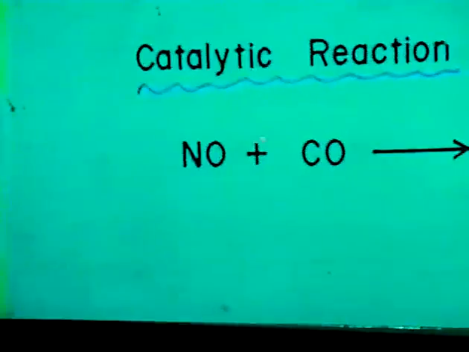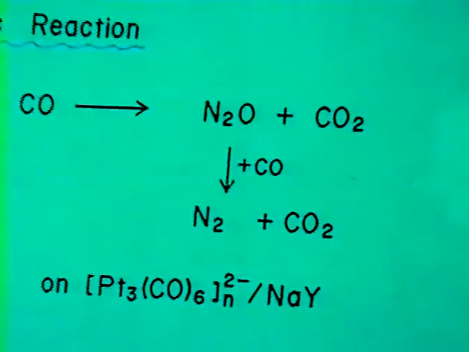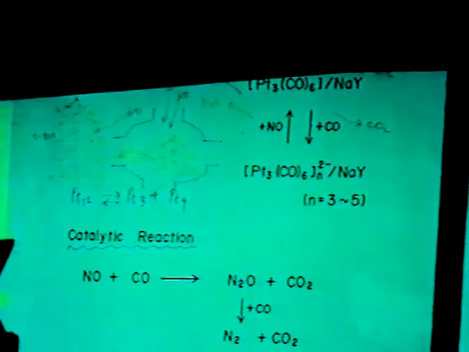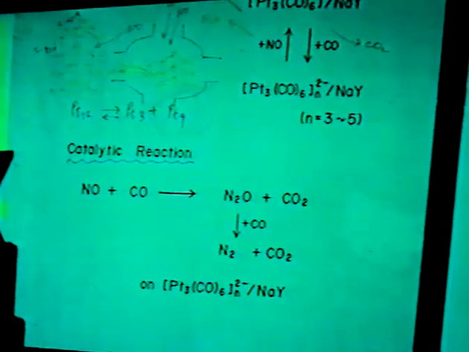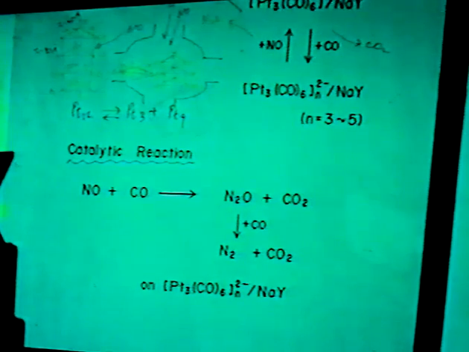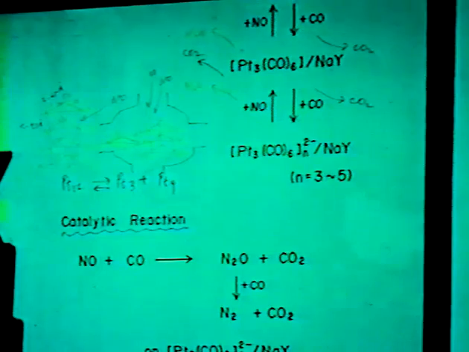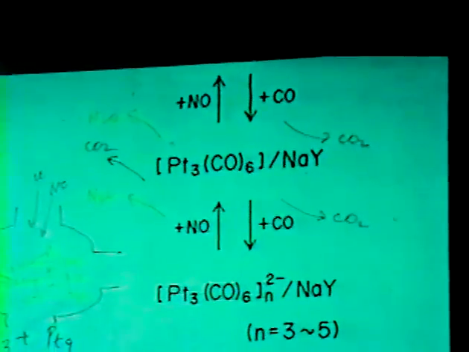And if you introduce a mixture of nitrogen oxide and carbon monoxide onto this catalyst, the catalytic reaction proceeds to form nitrogen oxide and dinitrogen. On this catalyst, we keep the original cluster frameworks, as evidenced by infrared and UV spectra.